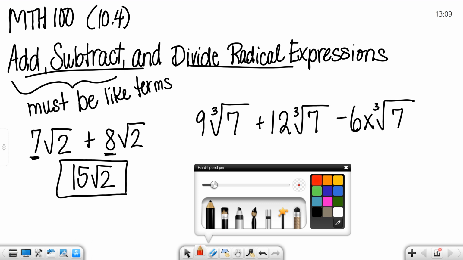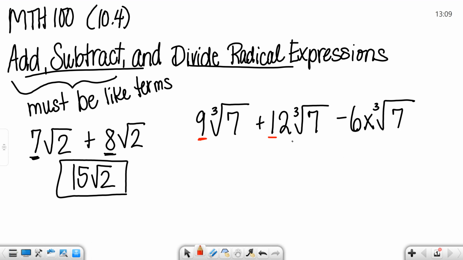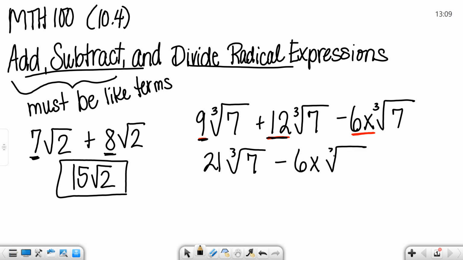But this time we have 9, 12, and 6x. Well, 6x is not like 9 and 12, so I'm not going to be able to add the 6x. I'm only going to add the 9 and 12 to give me 21 on the cube root of 7. I'll bring down this minus 6x on the cube root of 7.